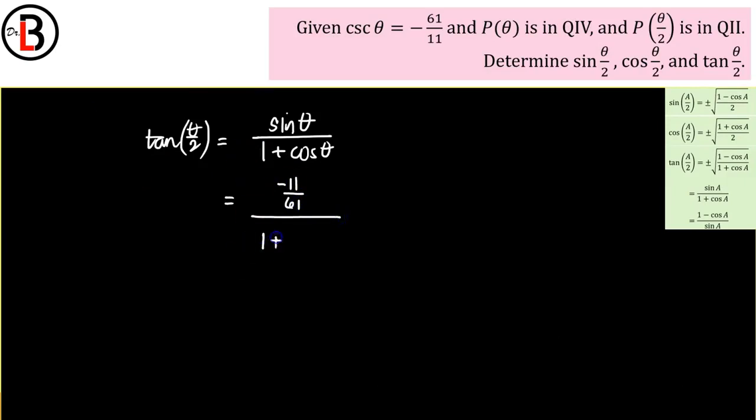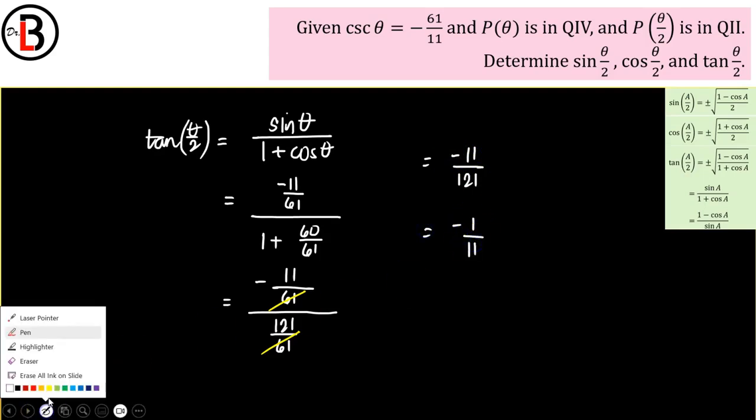For cosine, that is positive 60 over 61. So let's evaluate this. Here, it's going to be 121 over 61. The 61 cancels out. You're going to be left with negative 11 over 121 or negative 1 over 11.